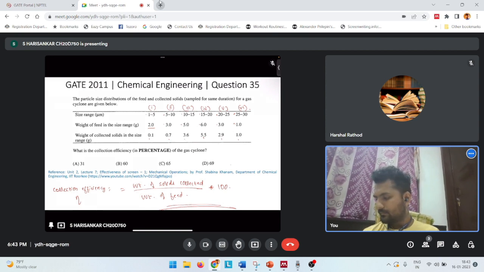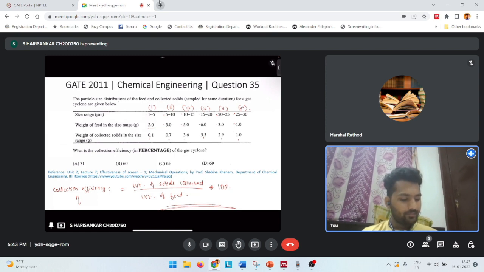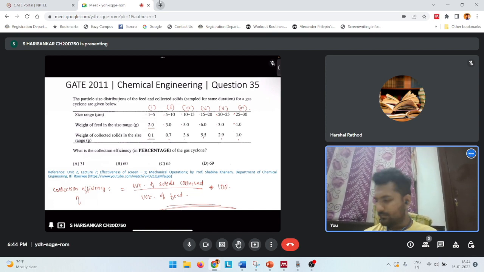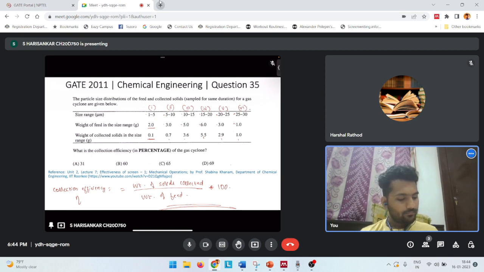Sorry, the weight of the collected solids in this size range is actually 0.1, and the weight of the feed will be 2.